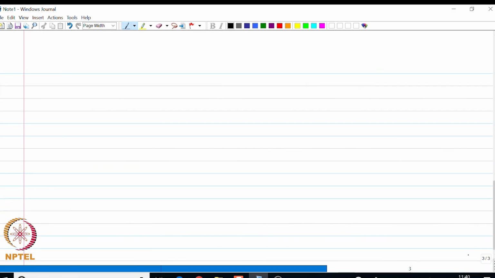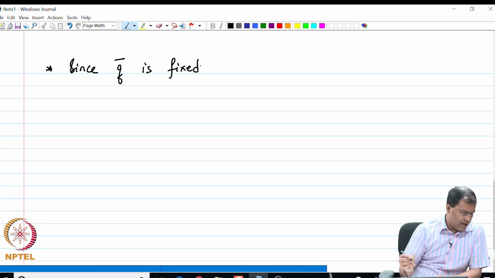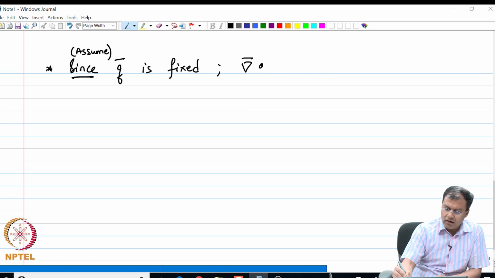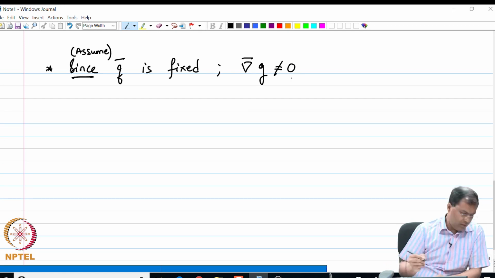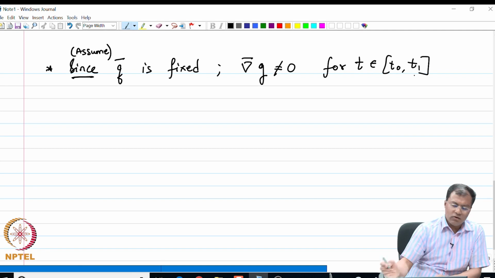Okay. So, then we need a few other assumptions before we move ahead. Since I have that q bar is an extremal and it is fixed, I am also assuming that the gradient of the constraint is non-zero over the parameter interval from t0 to t1.